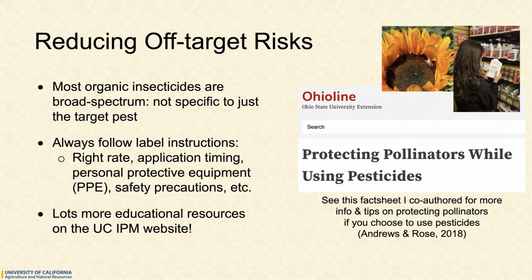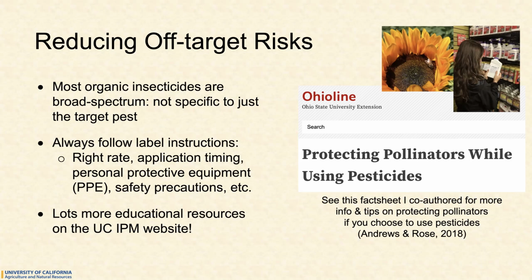So you always want to follow the label instructions when it comes to the right rate, application timing, any personal protective equipment that you need to wear if you're going to apply a specific product, safety precautions, and so on. So I actually wrote another fact sheet when I was at Ohio State Extension in the pesticide safety education program.